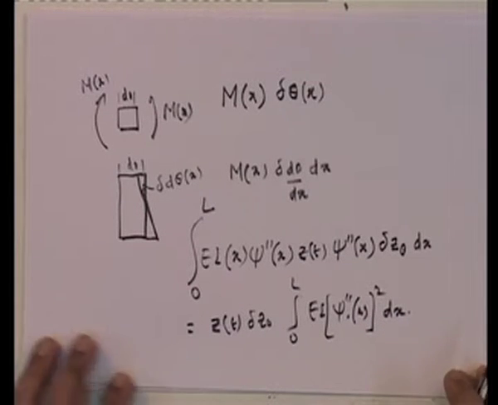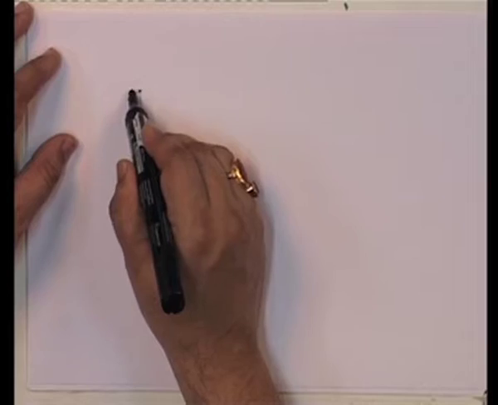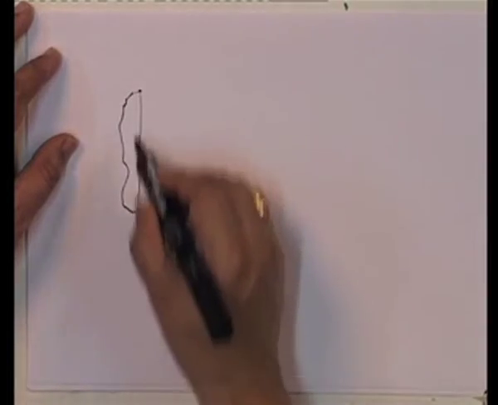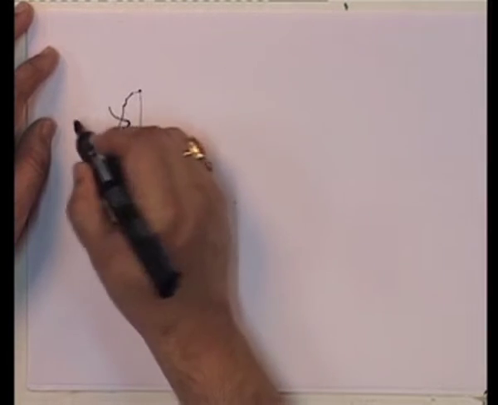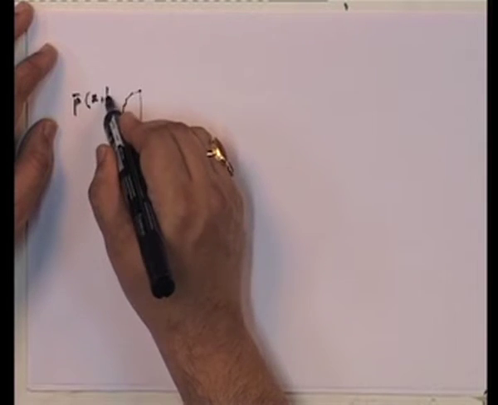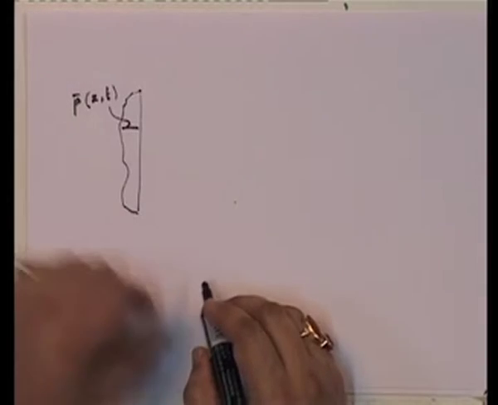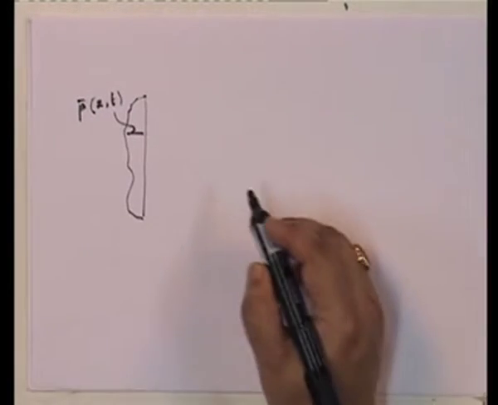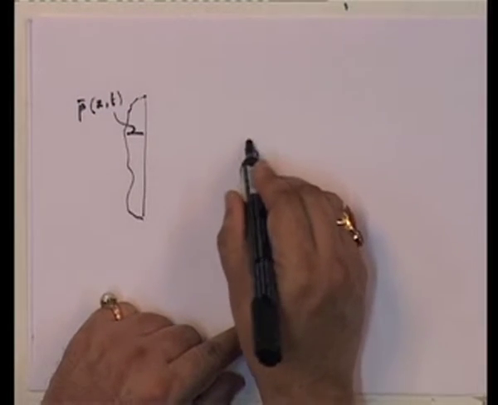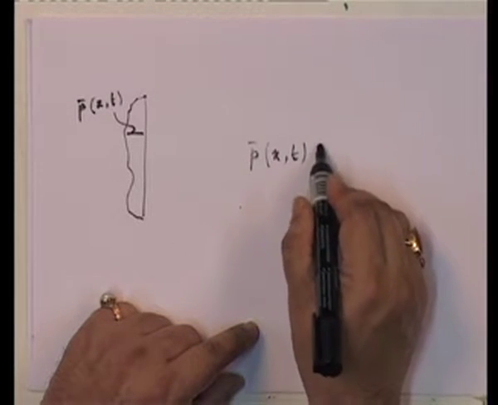This is the work done by the internal forces, and now let us look at finally the work done by the load. Now, the load is what? At any point the load is given by p bar x of t. Okay. So, now if you look at this p bar x of t, so then the load is given as p bar x of t into dx.